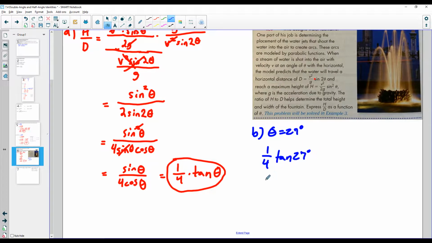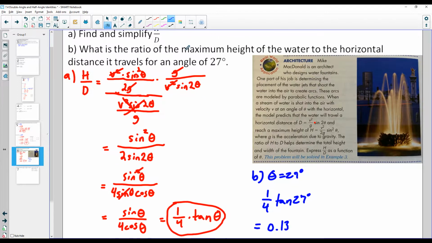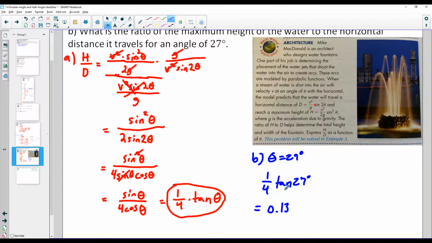And you can just punch that into your calculator, and what we should get is about 0.13. So that would be the ratio of the maximum height of the water to the horizontal distance it travels, 0.13. I'll circle that one as well. There we go.